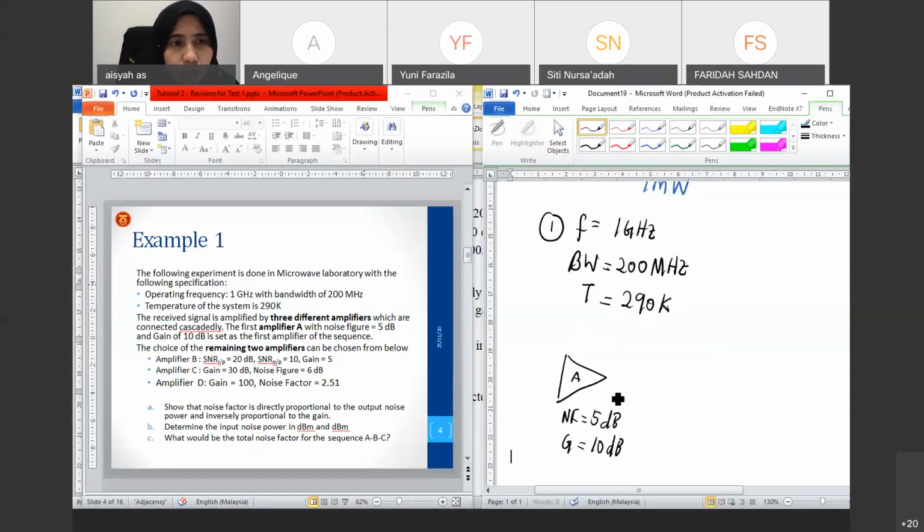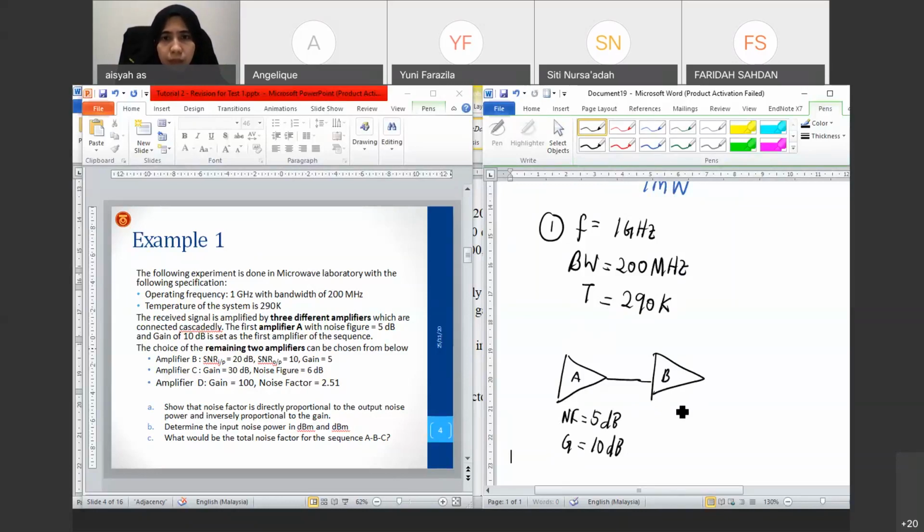The choice of the remaining 2 amplifiers can be chosen from below. This means we have amplifiers B, C, and D. We can choose either 2, but we can just write them here first.